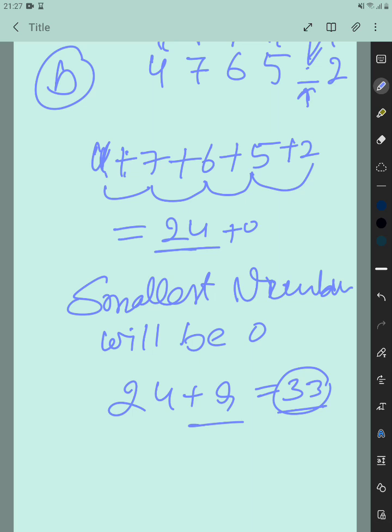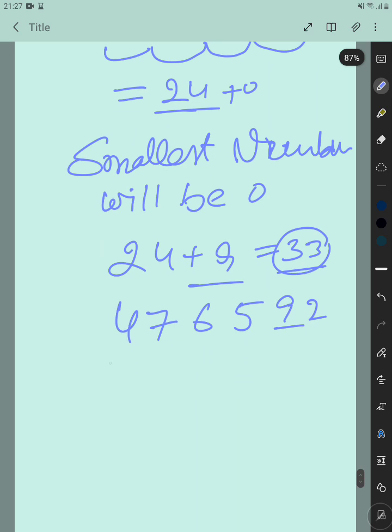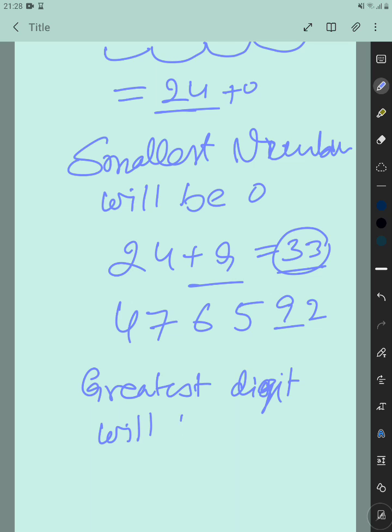So the greatest digit can be 9, and the number will be 4, 7, 6, 5, 9, 2. So the greatest digit will be 9. This completes question number 5.